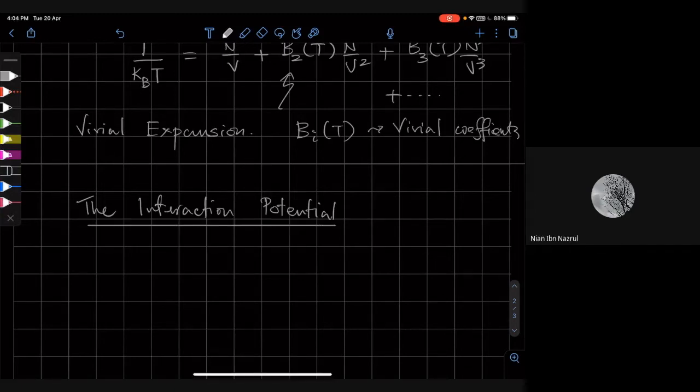So, we are dealing with chemistry essentially, right? Because we're dealing with the interaction between molecules. So the only interaction here can be just electromagnetic interactions.